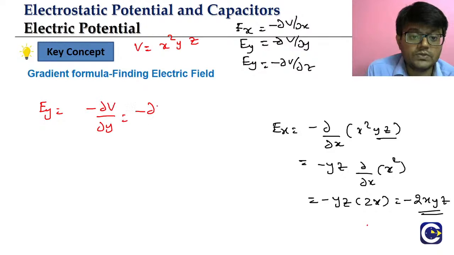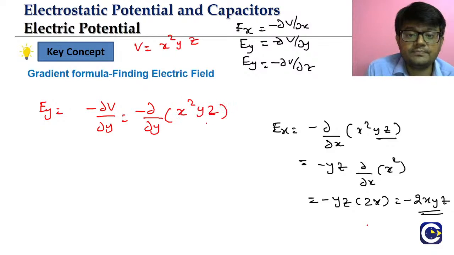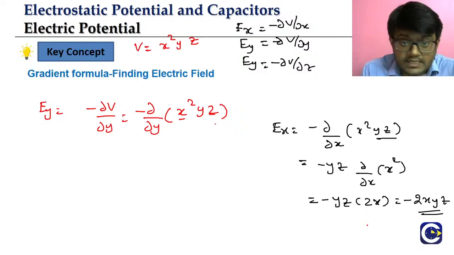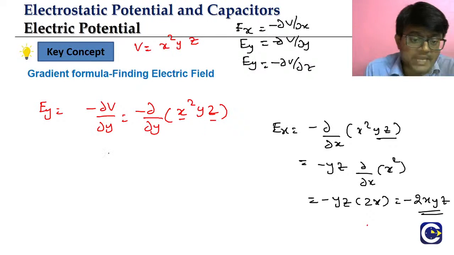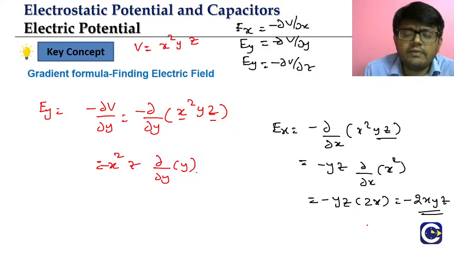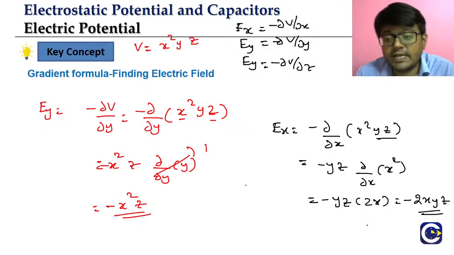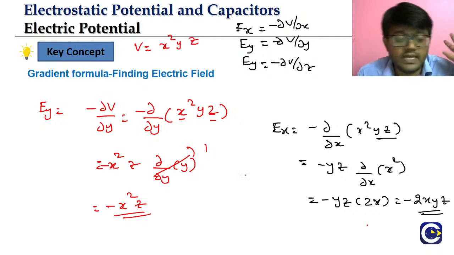The function is x square yz. Now when we take the partial derivative with respect to y, x will be taken as a constant, z also constant, and those two values come out. Minus x square z, and the derivative of y with respect to y is what? 1. So what is it? Minus x square z. That is our ey value.